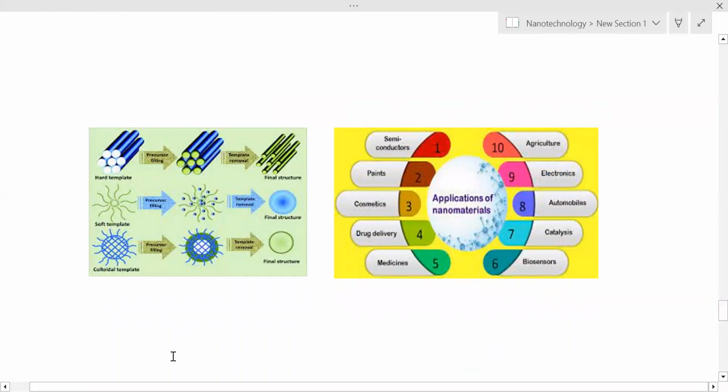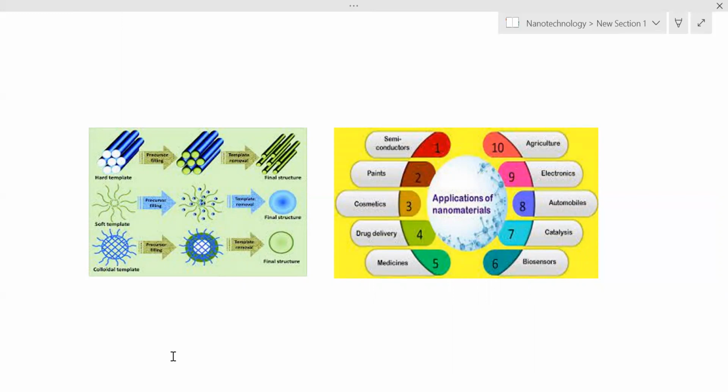So synthesis and design of nanomaterials are the essential aspects in nanotechnology. And when we design these nanomaterials, we should be able to design and fabricate or synthesize at a desired size or with a desired morphology, chemical composition, crystal or microstructure.